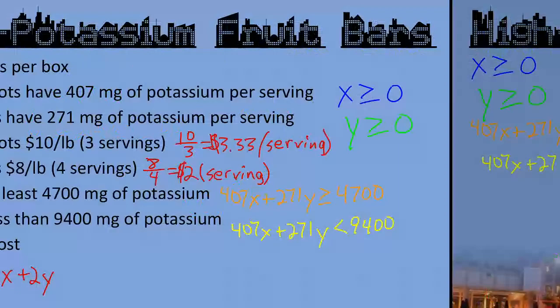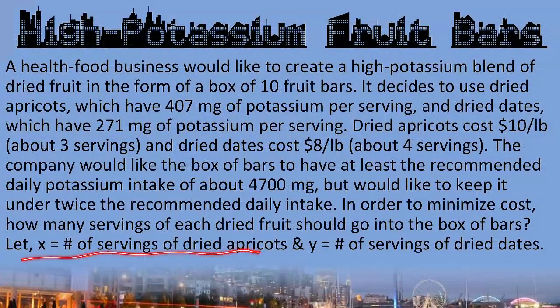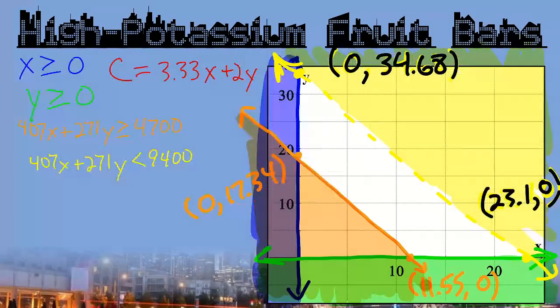Now remember that per serving, apricots are $3.33 a serving and dates are $2 a serving. And apricots are our X values and dates are our Y values. So which one of those do you think is going to be the better option?